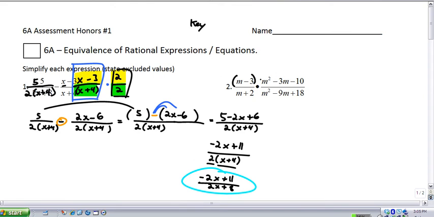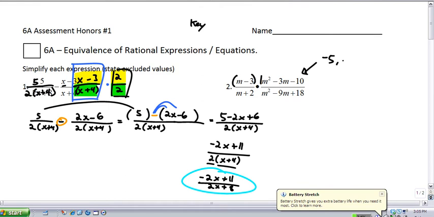Okay, so this number's a 1. So what multiplies to negative 10 and adds to negative 3? That would be negative 5 and 2. So that guy's going to factor to m minus 5, m plus 2.